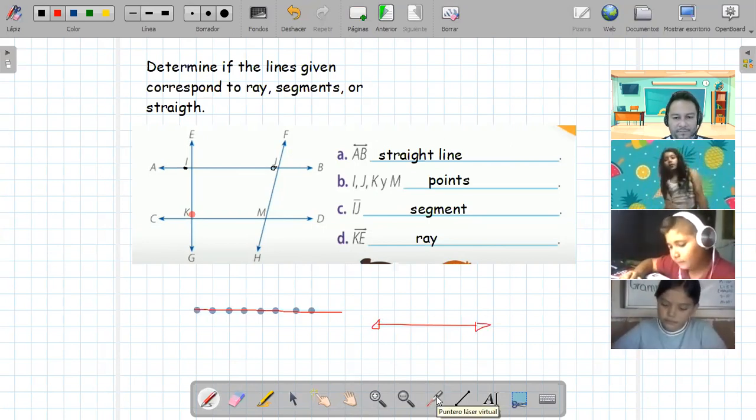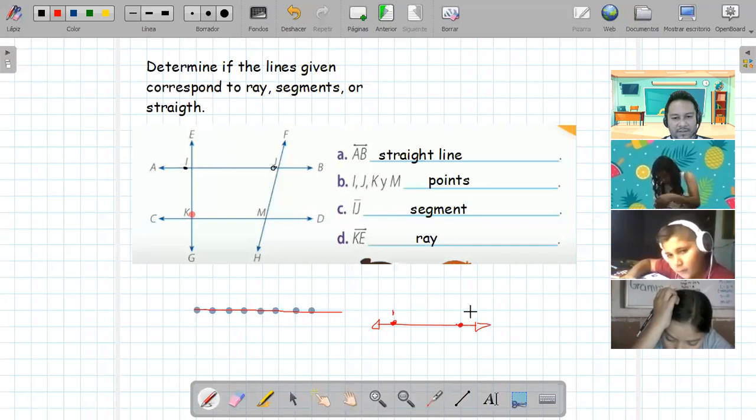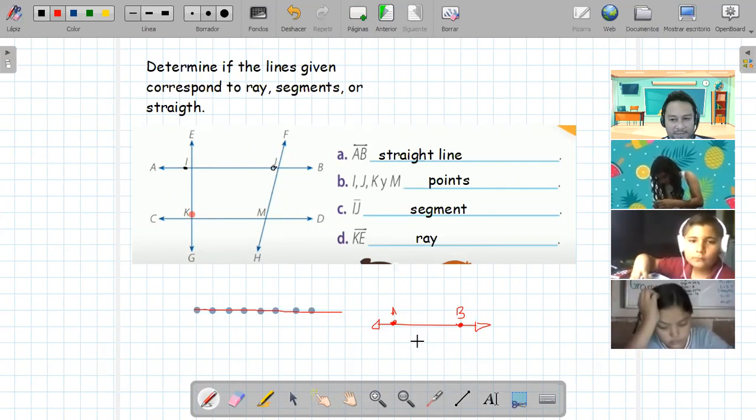If I make two points, I have a segment. When I have a segment, it means that I have a beginning and an end, because that segment is limited.